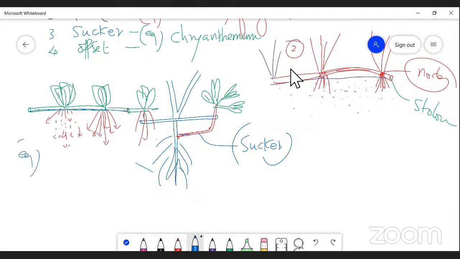For offset, I can give the example of Pistia, and one more, Eichhornia. Pistia and Eichhornia are examples of offset, right? I'm talking about the Pistia plant. Its root system consists of root packets.